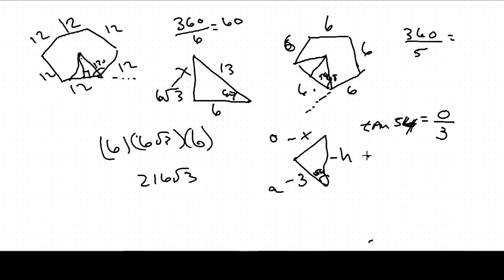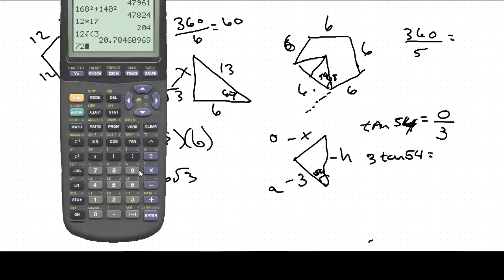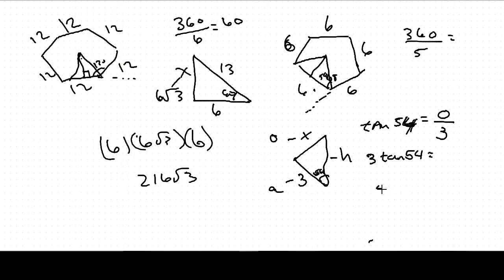So it would be tan 54 times 3 equals x. So let's find out. Clear, 3 tan 54. So that's equal to 4.1.